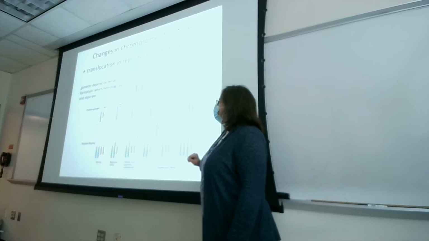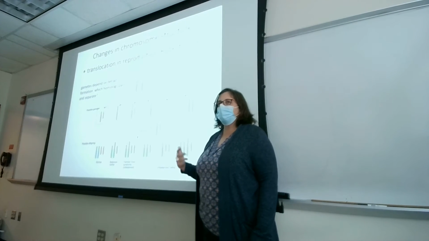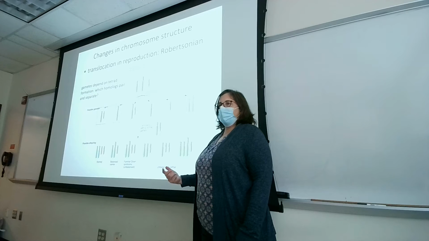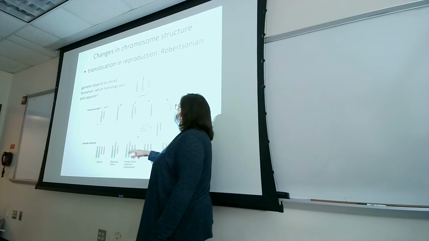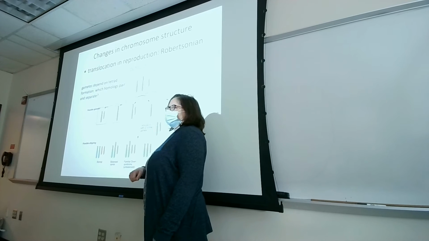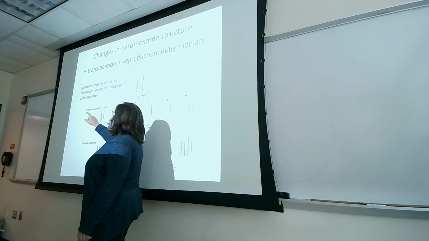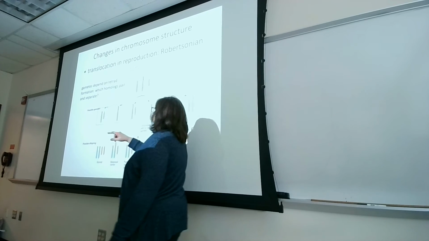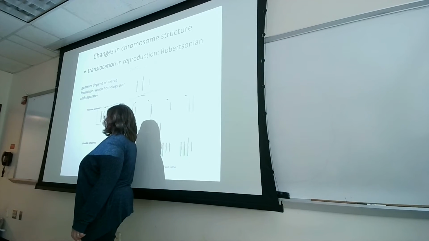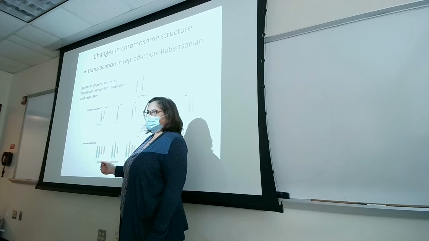Now, if you add those to a normal gamete that has 1 of each, then you can kind of see how you'd have problems. So with your normal gametes, you're going to be nice and balanced. You'll have 1 of each. You get 1 blue from that parent, a blue from that parent, you get a pink from that parent, a pink from that parent, you're nice. That's exactly what it's supposed to be, diploid.